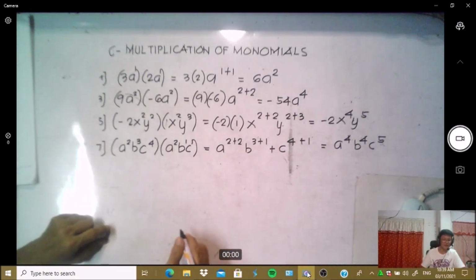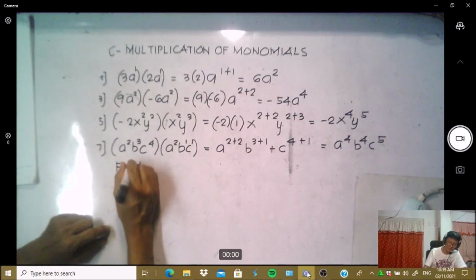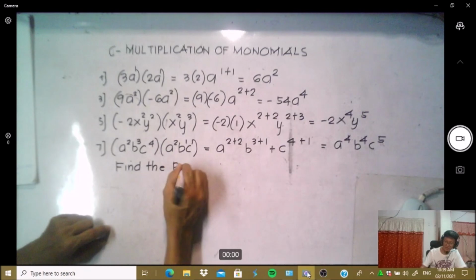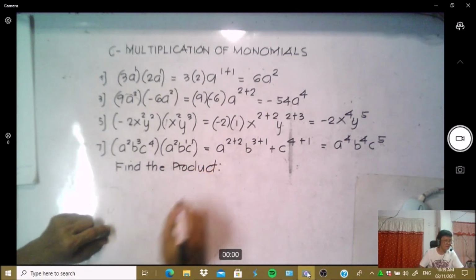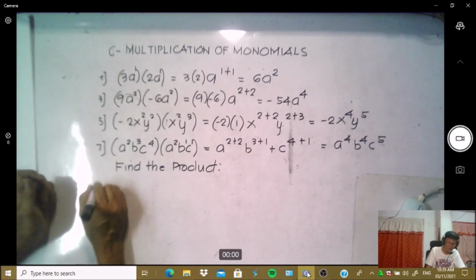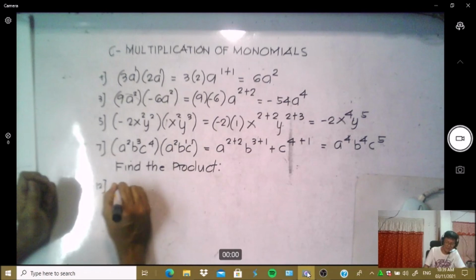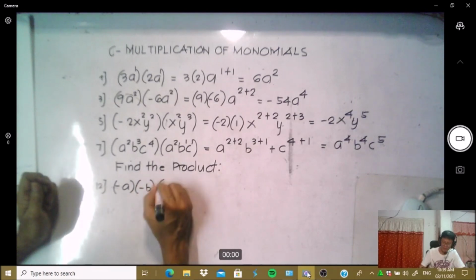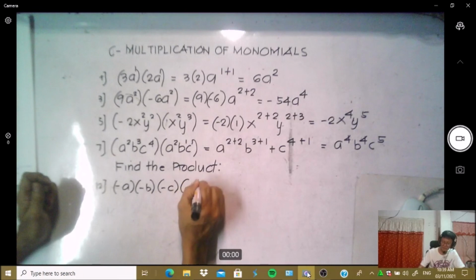Okay, so now we find the product for our module. When you speak of find the product, that is the same as multiplication. So for number 12, we have negative a multiplied by negative b multiplied by negative c and negative d.